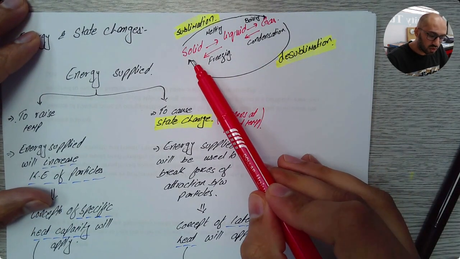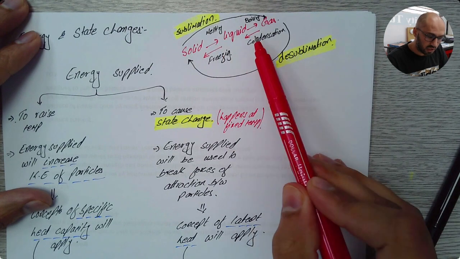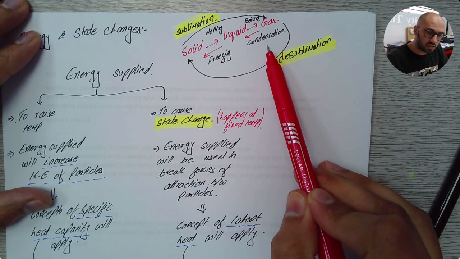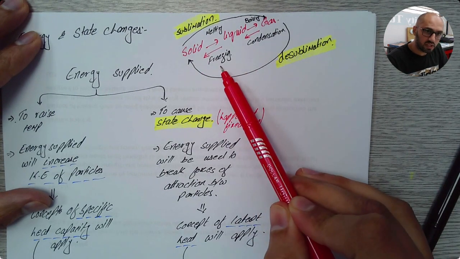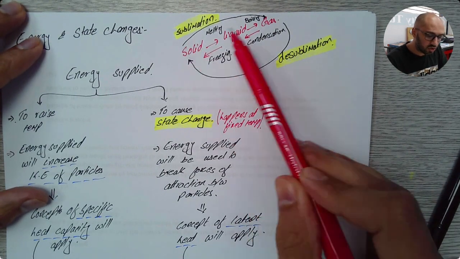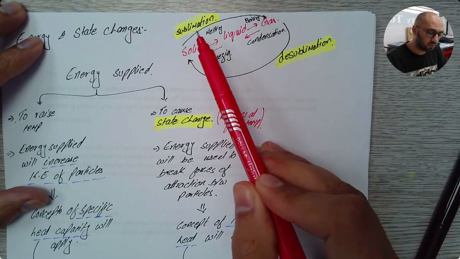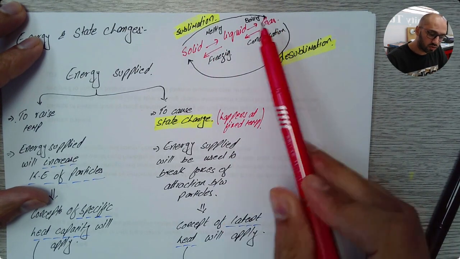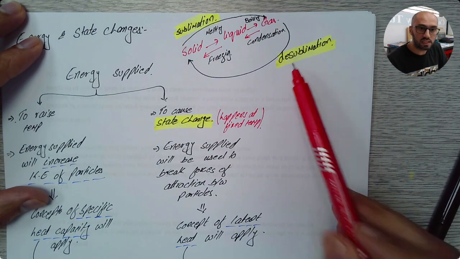When you go from solid to liquid, that's called melting. From liquid to gas, it's called boiling. From gas to liquid, it's called condensation. And from liquid to solid is called freezing. But you can go from solid to gas in some cases, and that's what we call sublimation. Sometimes it is possible to go from gas to solid, and that is what we call desublimation.